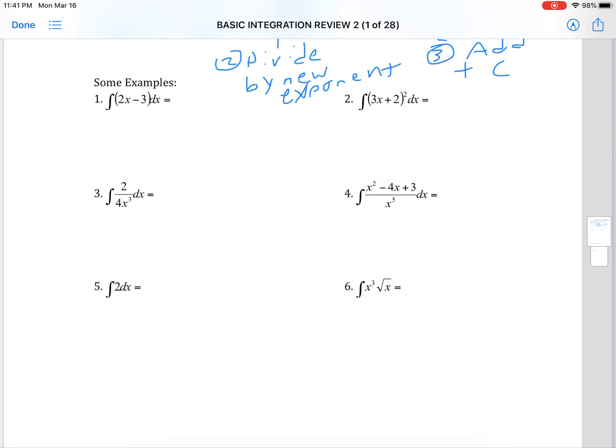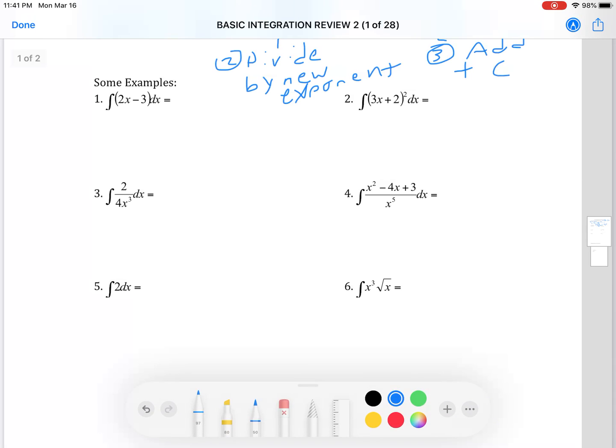So your typical antiderivative exercises are going to range from having nice pretty power rules all the way up to maybe some things that you have to use properties of exponents on. So let's look at a basic antiderivative first, like number 1. On this one, I like to do one term at a time.